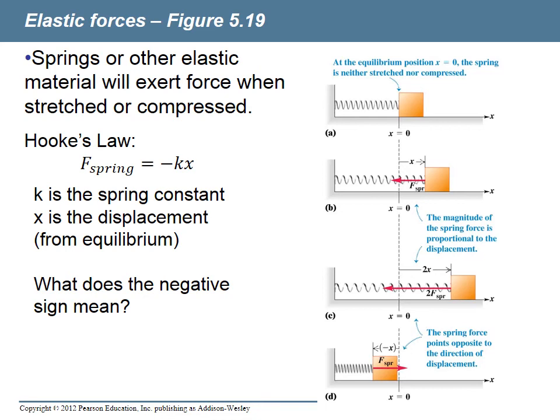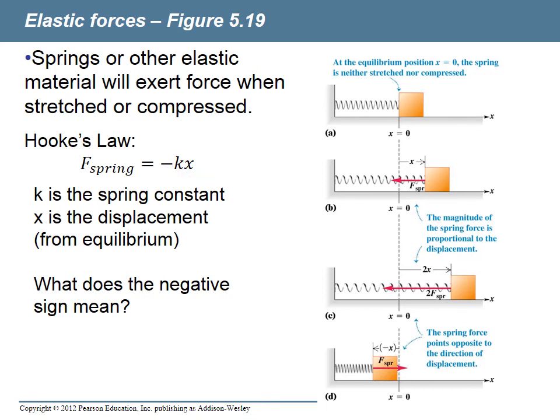It follows this law, and it follows it pretty well. Not perfectly, but close enough to where we'll use it. But it's Hooke's law. So the force the spring exerts on the object is equal to negative kx, right?